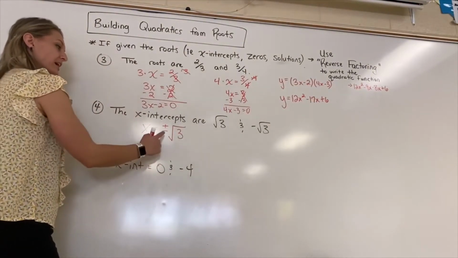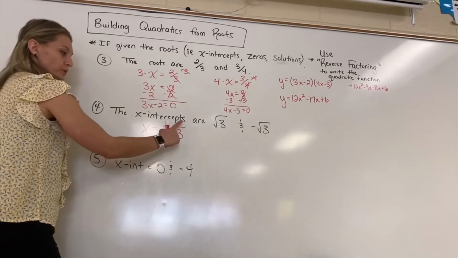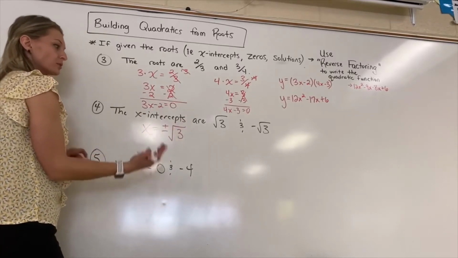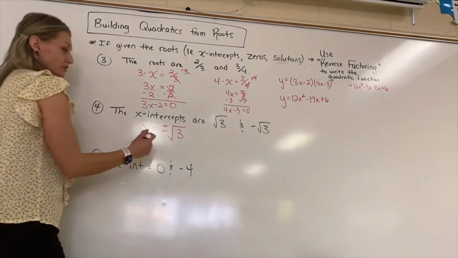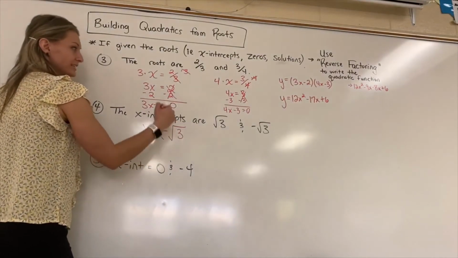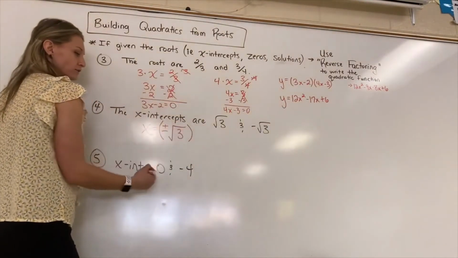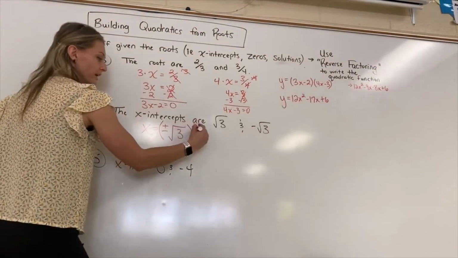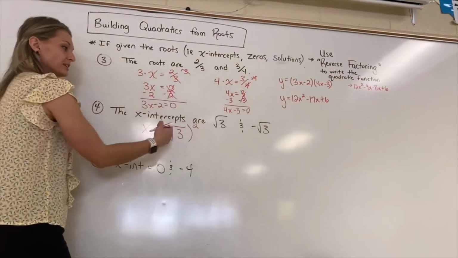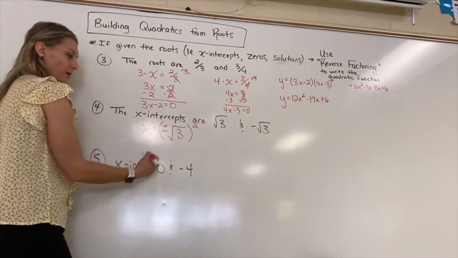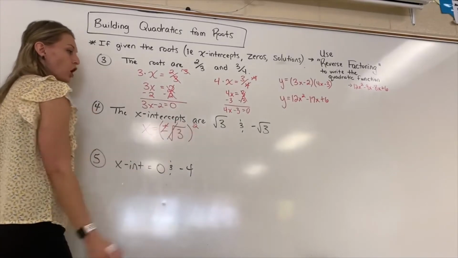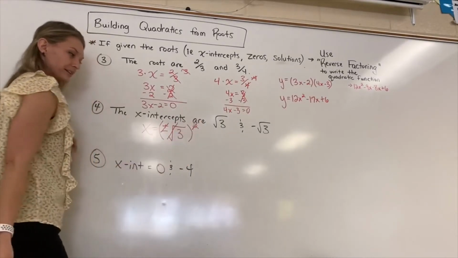Because think about it, to get rid of a square root, the opposite of square rooting something would actually be squaring it. So what we're going to do to get it equal to 0 is we have to start by squaring that. And what happens is squaring and square rooting are opposites. So it actually gets rid of all of that when you square it.